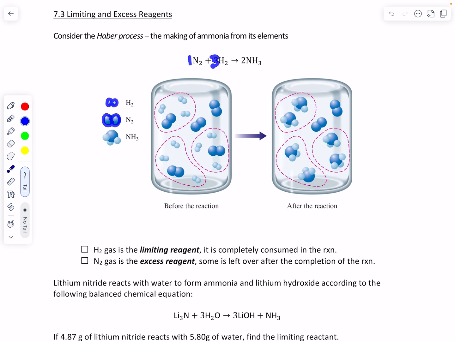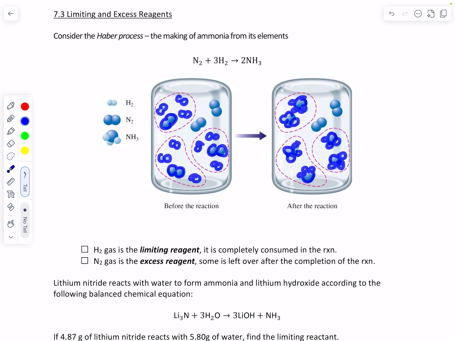So if we have a container of all the starting materials, we can see that 1 N2 needs to react with 3 H2s. And this ends up producing ammonia in the following amounts.